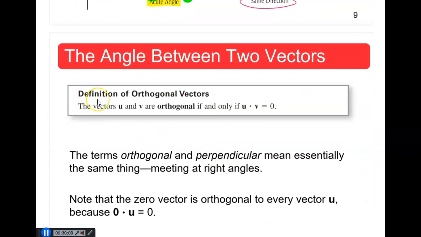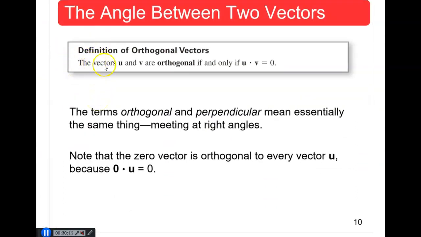And that is what the definition says here. The vectors u and v are orthogonal if and only if the dot product of those two vectors is equal to 0. The statement "if and only if" is a double-sided conditional statement. So it means that if u and v are orthogonal, then the dot product is 0.